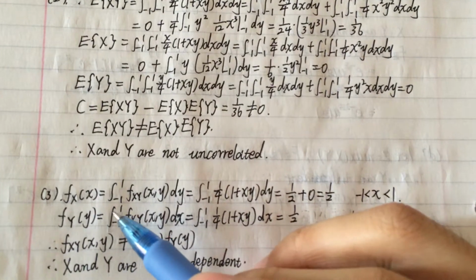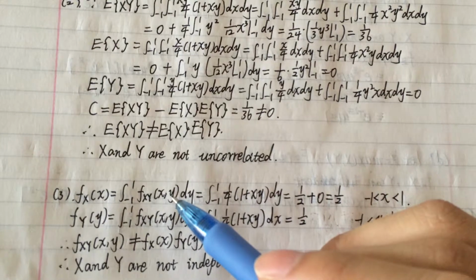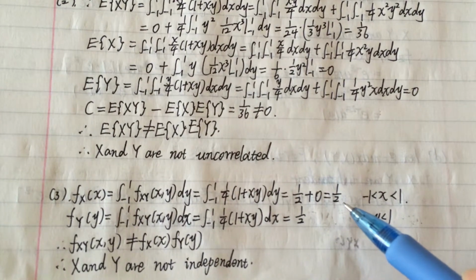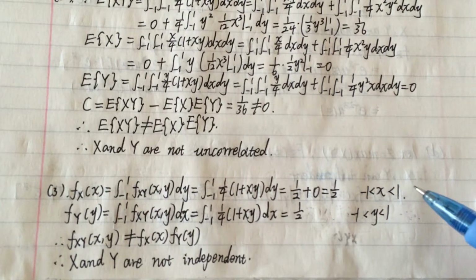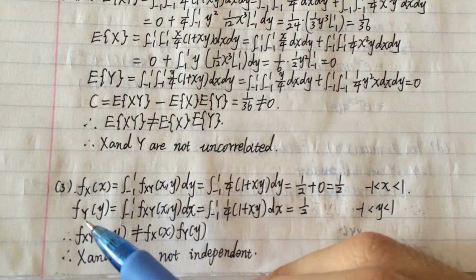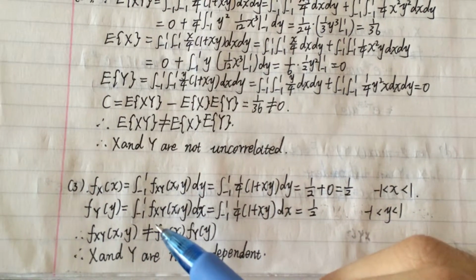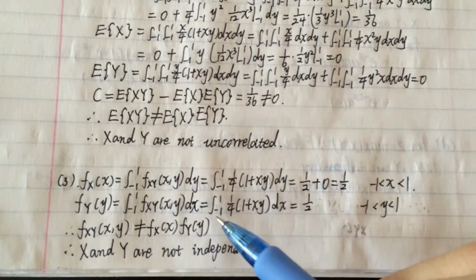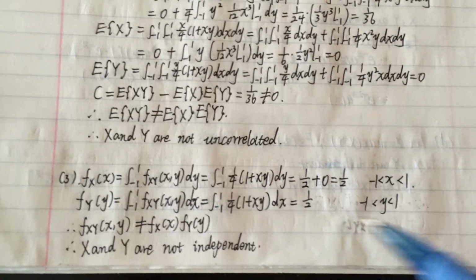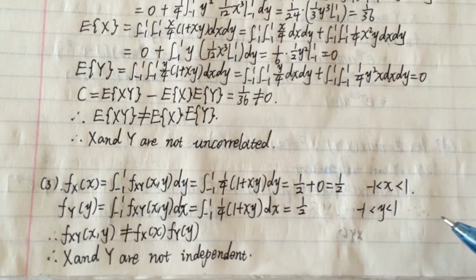The density function of x is the integral of the joint density function, and we can get it equals 1 over 2 for x larger than minus 1 and smaller than 1. And the density function of y equals the integral of the joint density function, and we can get it equals 1 over 2 for y larger than minus 1 and smaller than 1.